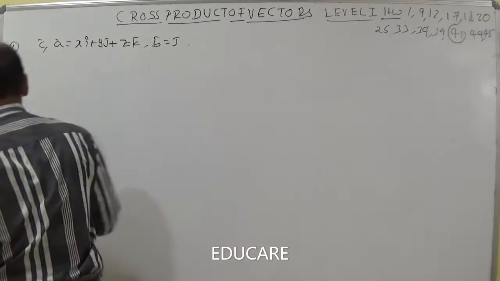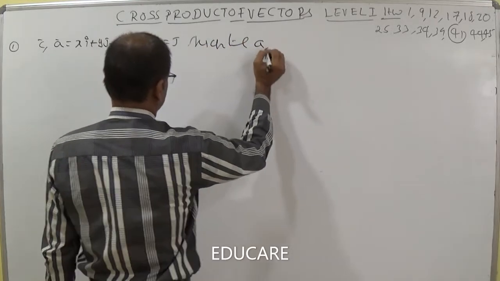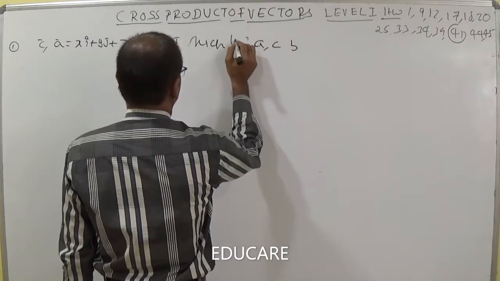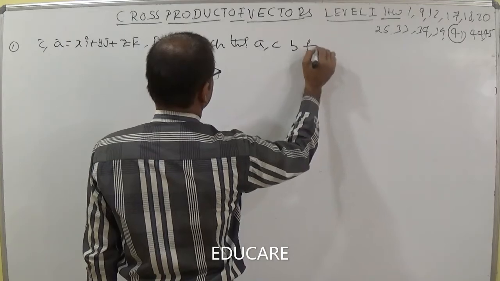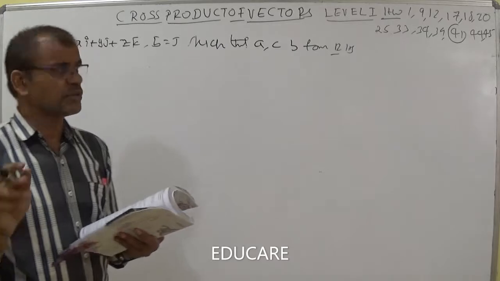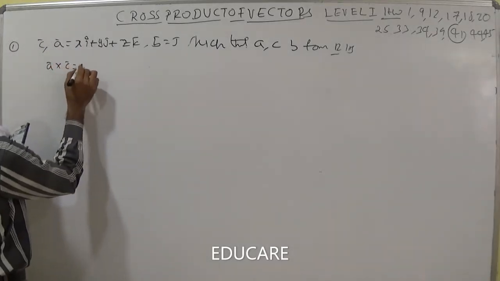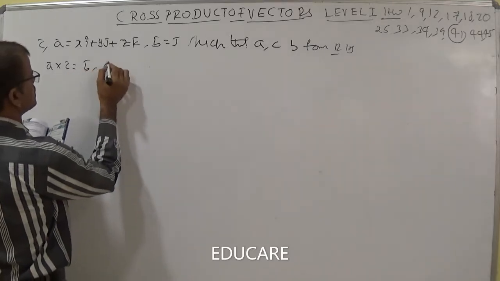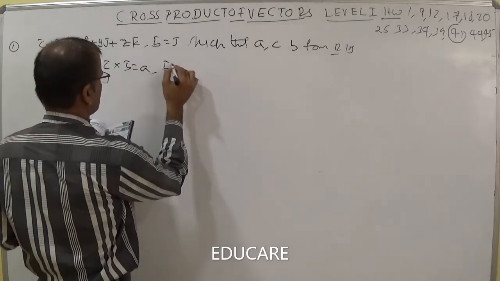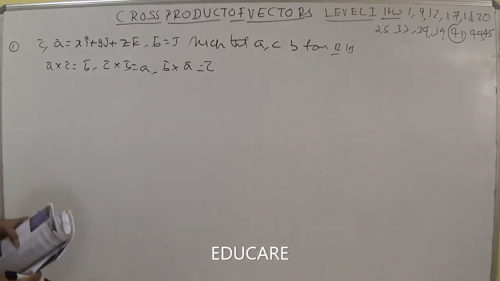B is equal to J, such that ACB forms RHS. So A cross C is equal to B according to this, and C cross B is equal to A, and B cross A is equal to C. Wherever it is possible, we should do it like that.